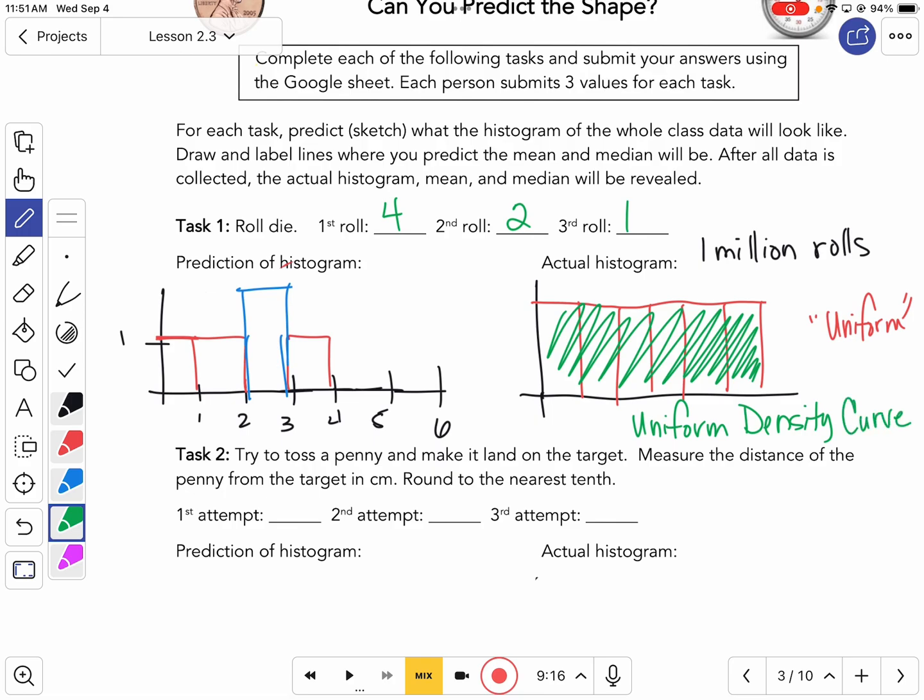One of the cool things about it is that the height on this side we would refer to as 1/6. The reason we say 1/6 is that there are 6 sides on my dice. If I rolled it 1,000,000 times, my frequency would be 1/6 times 1,000,000. So if I have 6 options, my height's 1/6.